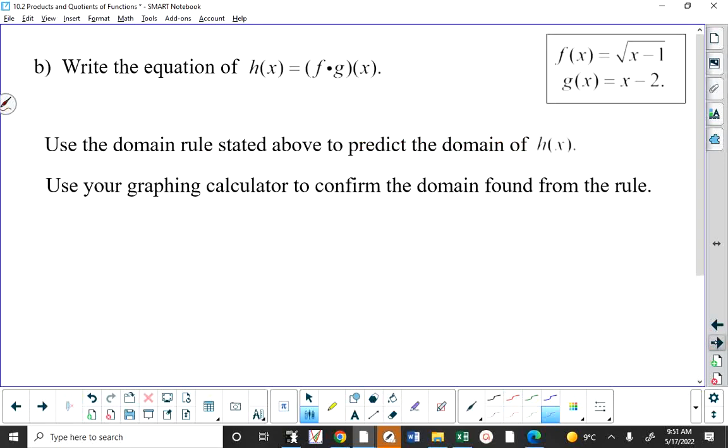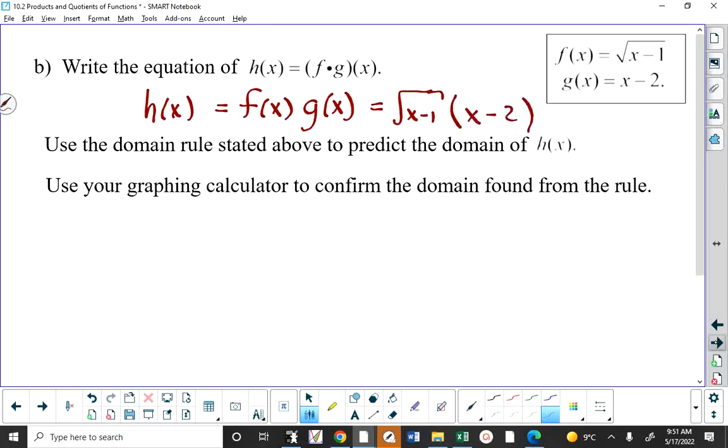Write the equation of h of x equals f times g. Well, this is really simple. This just means f of x times g of x. f of x is root x minus 1 times g of x, which is x minus 2, and that's all you have to do.